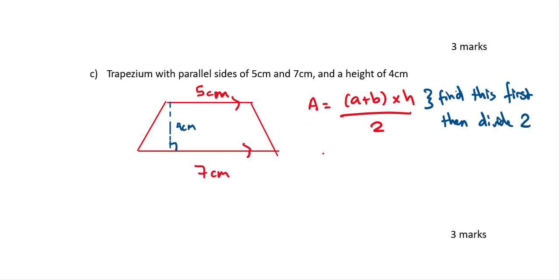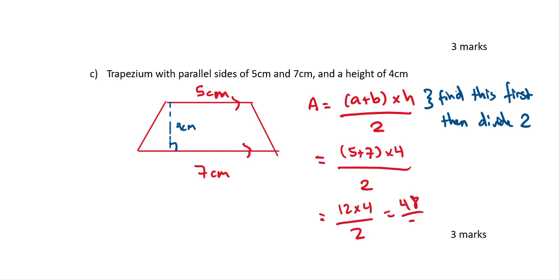Let's just substitute the values in. So we have (5 plus 7) times 4 divided by 2. This equals 12 times 4 over 2, which is 48 over 2, which equals 24 centimeters squared.